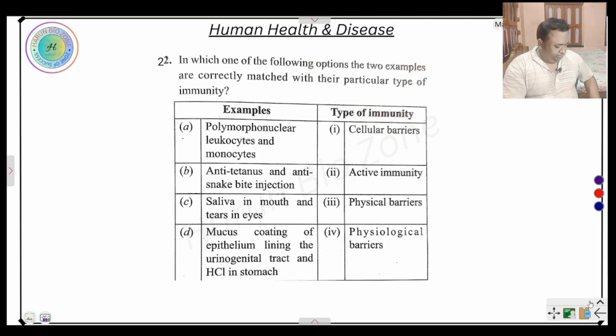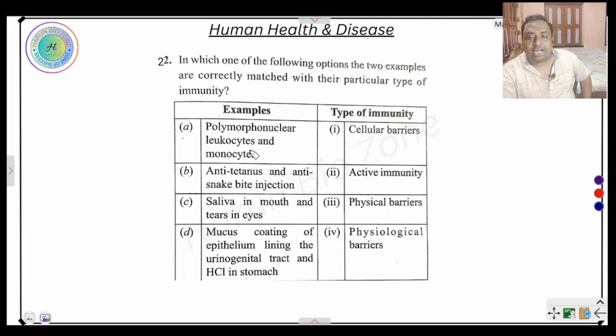Next, in which one of the following options are two examples correctly matched with their particular type of immunity? Here, examples and type of immunity.